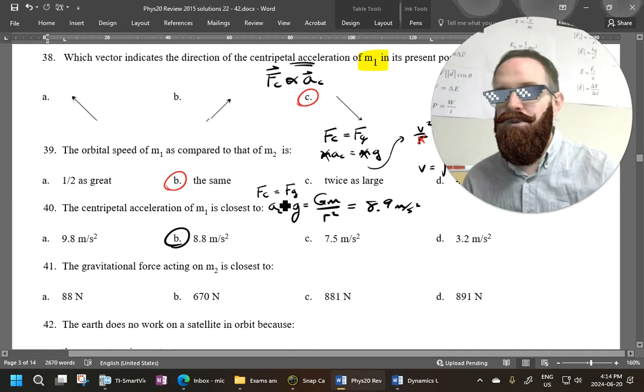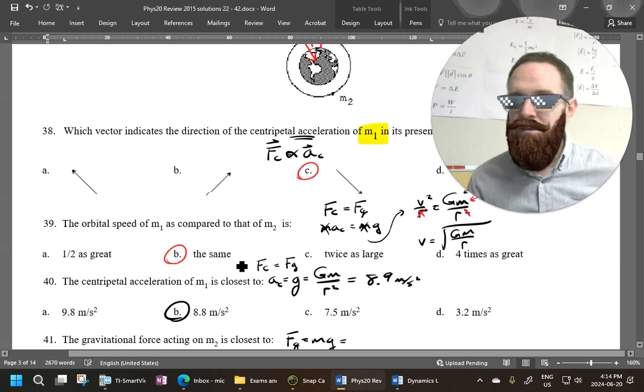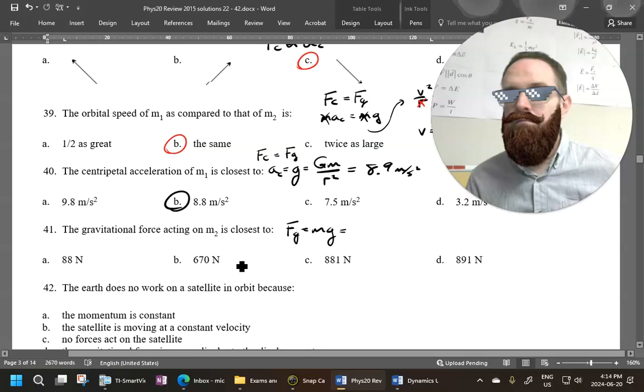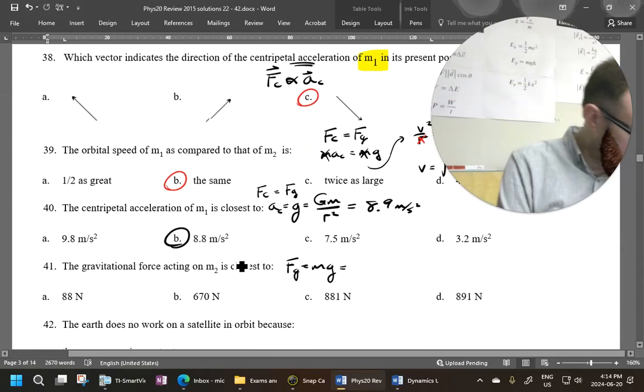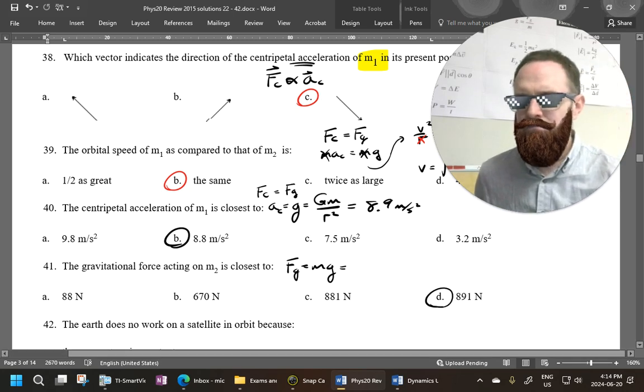All right, gravitational force acting on M2. Well, gravitational force is just going to be mass times gravity. And the gravity is a 8.9 number, or 8.8. And the mass of M2 is 100. So times it by 100. You get 891. That's better.